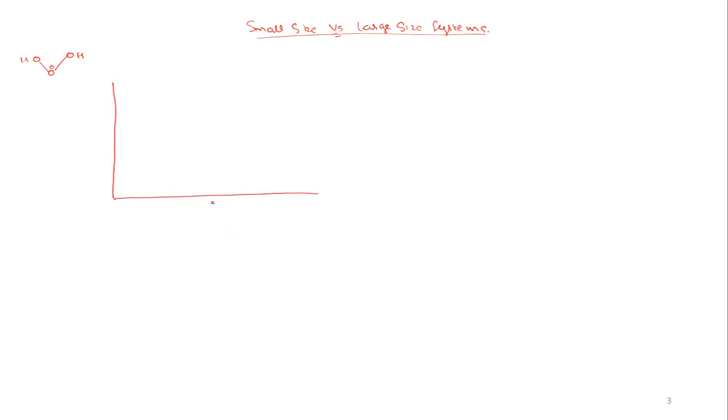Okay, over here on the y-axis, we are trying to plot energy, or simply we can call it potential energy. This term is also used interchangeably. So we are trying to plot the energy on the y-axis and the coordinates of this particular water molecule on the x-axis.